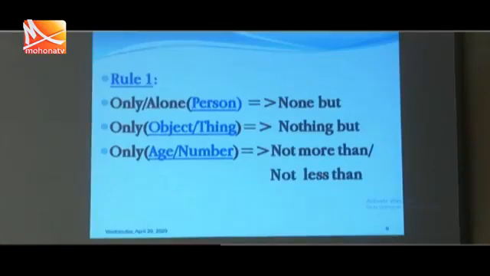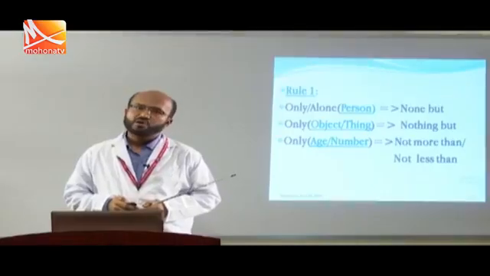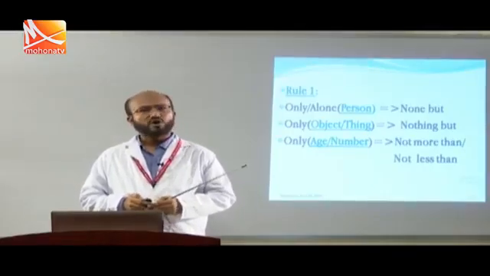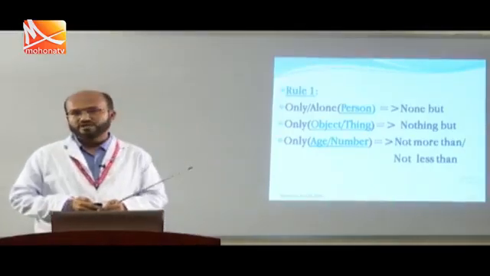Here, number one, just see here, students, and I think you are prepared with your writing materials. Okay? Only, alone, person. If it refers to any person, you say none but. Or if it refers to a thing or object, nothing but.